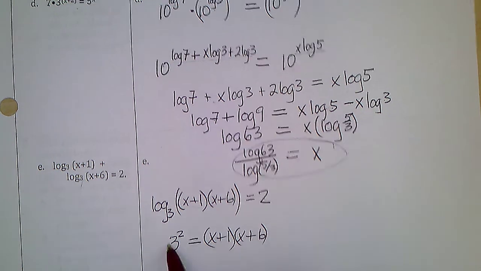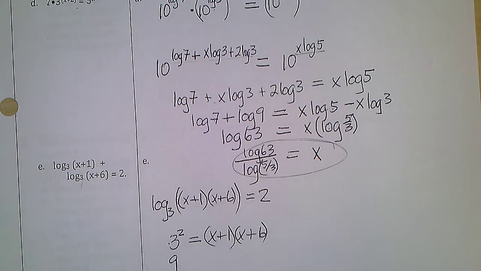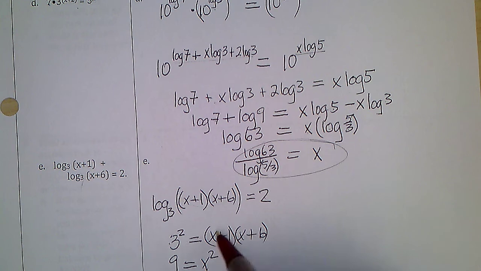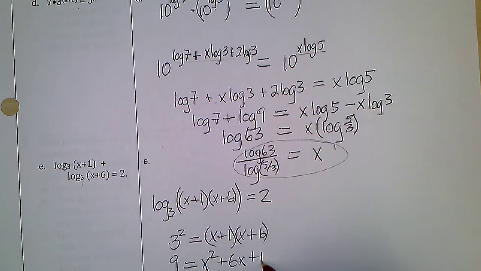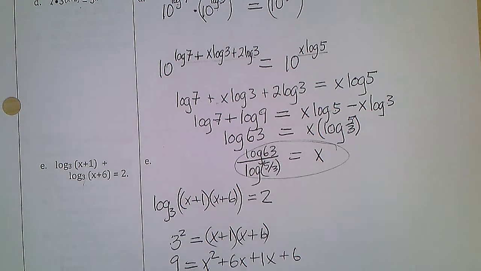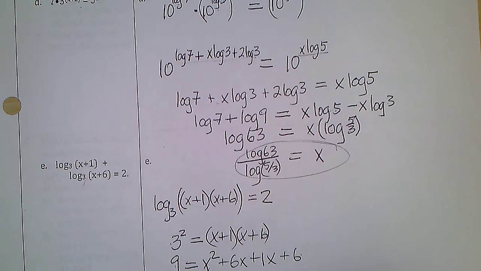Well, 3 squared is 9, and since it's not equal to 0, I can't set these factors equal to 0, so I'm going to multiply these together and get x squared plus 6x plus 1x plus 6. Subtract 9 from both sides, and I'm going to get 0 equals x squared plus 7x minus 3.